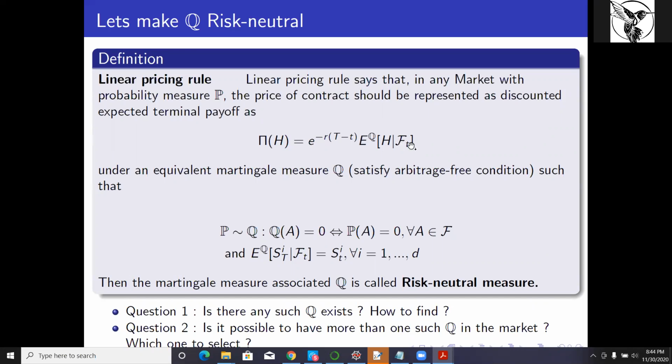So this is the future payoff, and I'm taking the expectation and discounting because this is the present value. Whenever this is valid, that martingale measure Q is called the risk neutral measure.